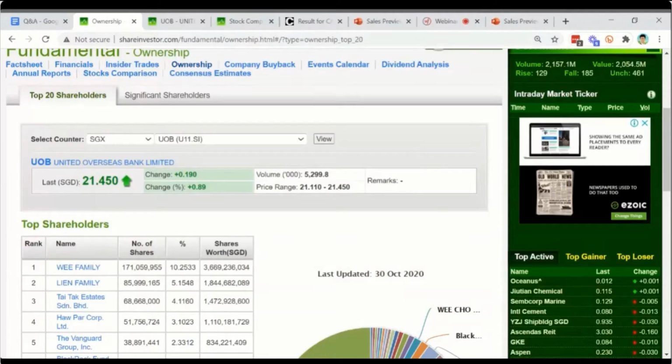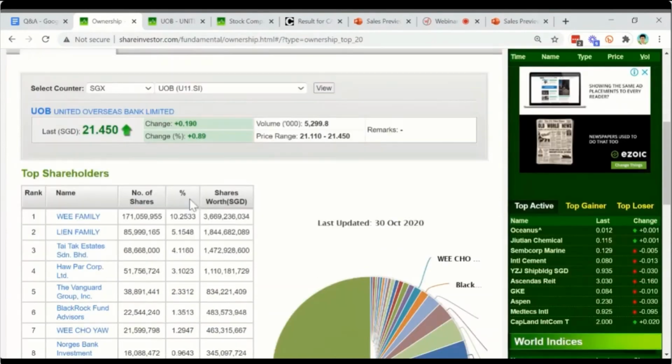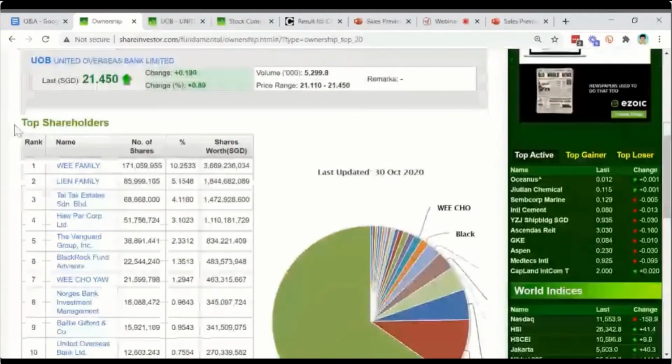Back to James. The first thing is, the share price has been going up recently, right? The top shareholders, the Wee family. UOB and OCBC are more like family-run conglomerates. So the Wee family owns 10.2% in UOB, and then you have other families.